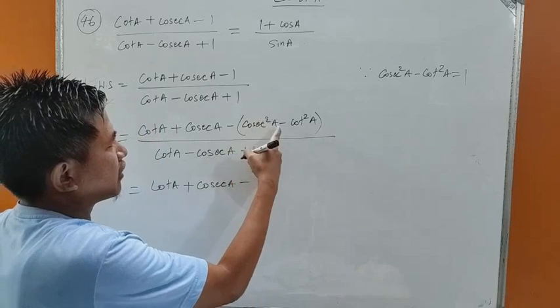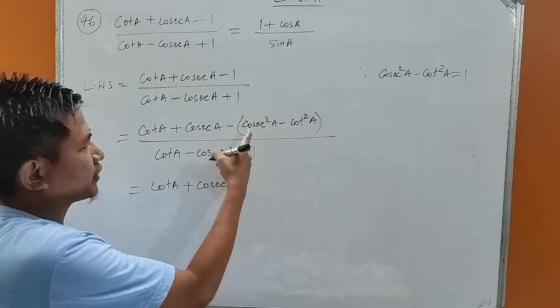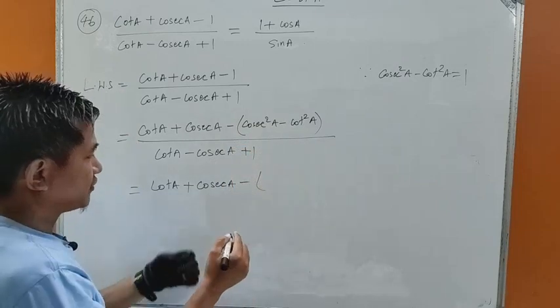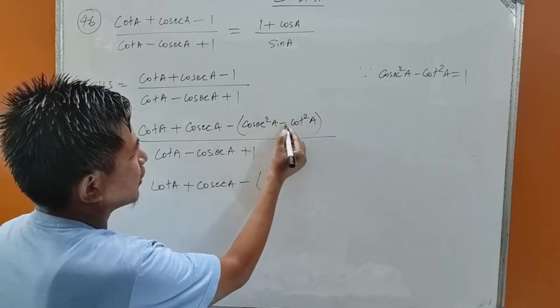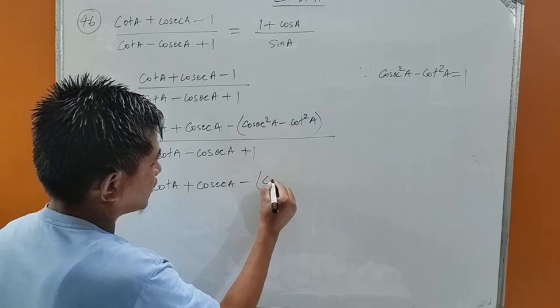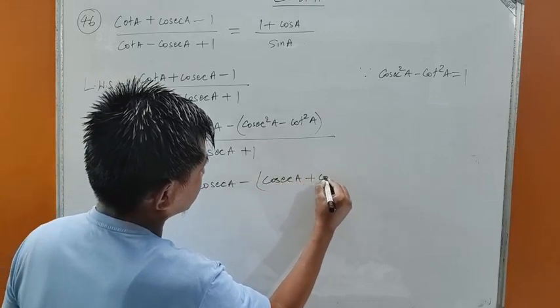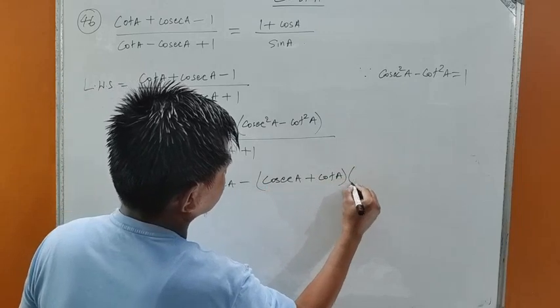This is a square minus b square, isn't it? So we can apply the formula a square minus b square equals a plus b into a minus b.